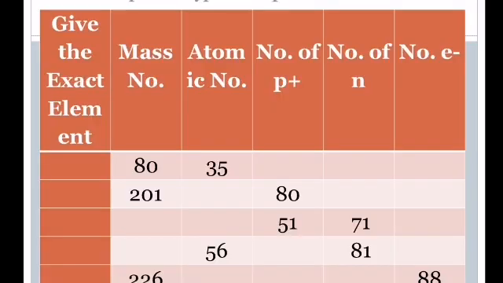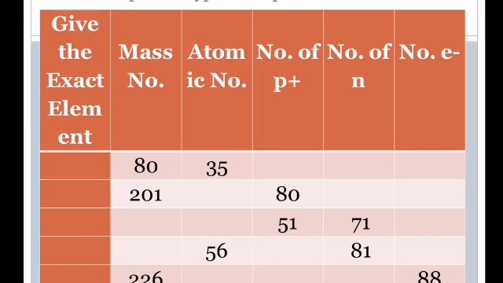Part 2 of the test is known as the completion type, wherein you are going to complete the table below. As you can see, you have the columns and the rows. Take note, in column 1, you are going to give the exact element. In column 2, the mass number.